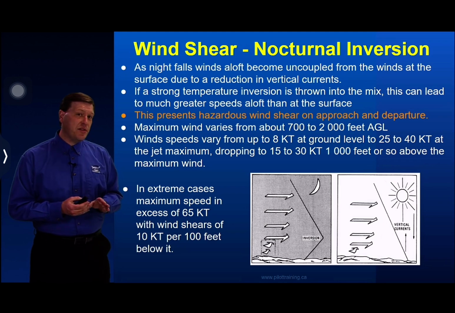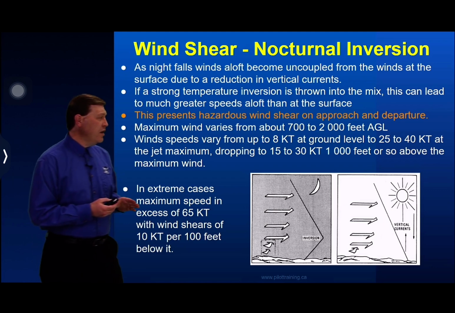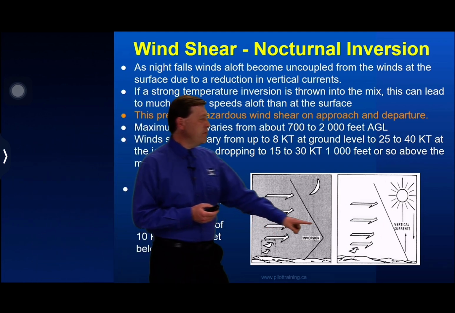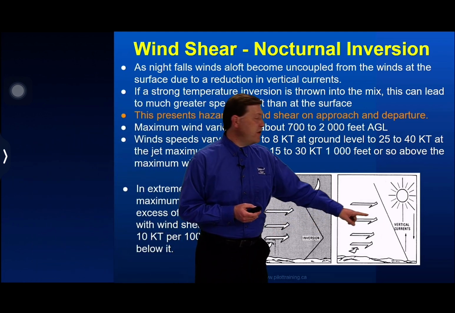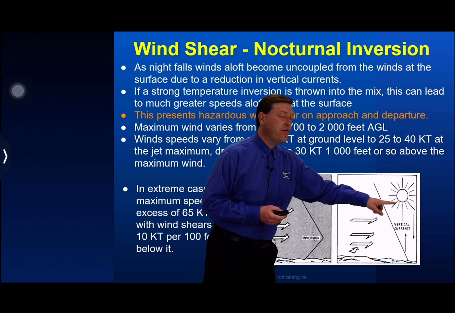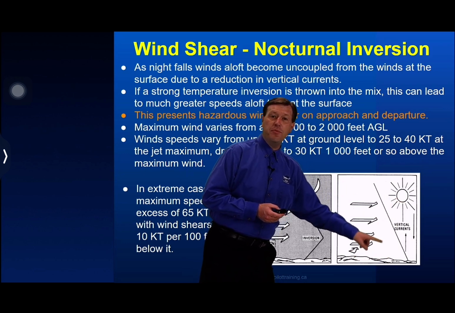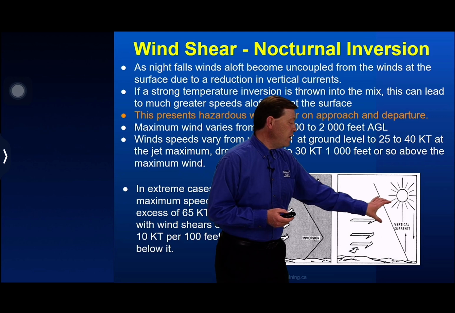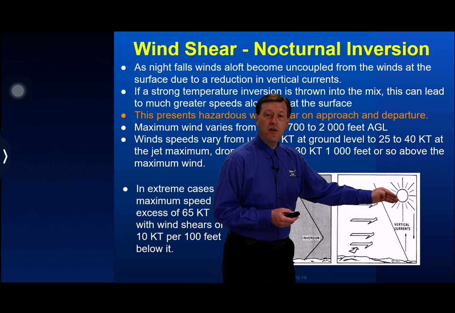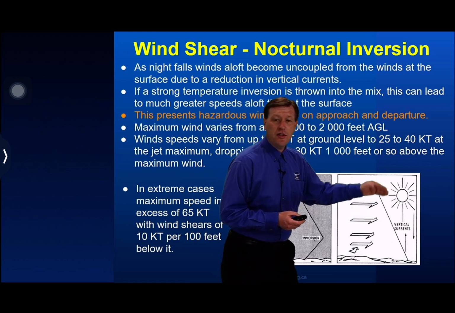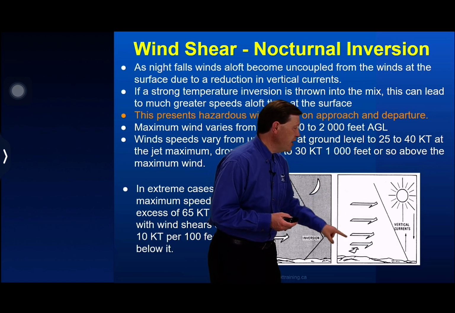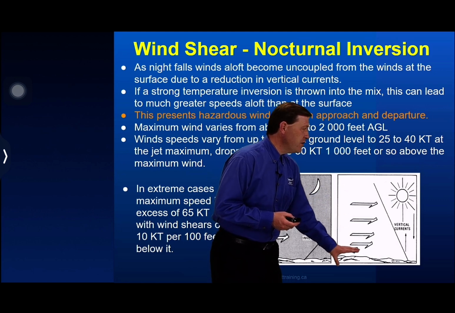And here's how these get to forming. During the daytime, remember, what happens is we've got solar heating. We've got vertical currents that are moving up and down. So if I've got winds aloft, the sun will, through convection, start to mix these winds and start to pull them down to the surface.